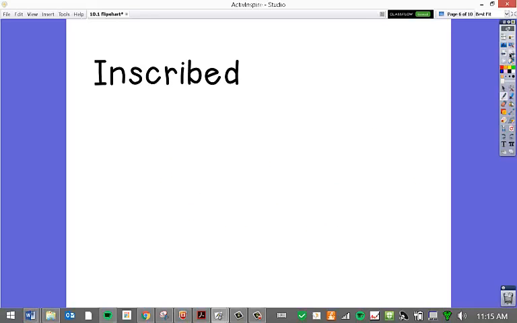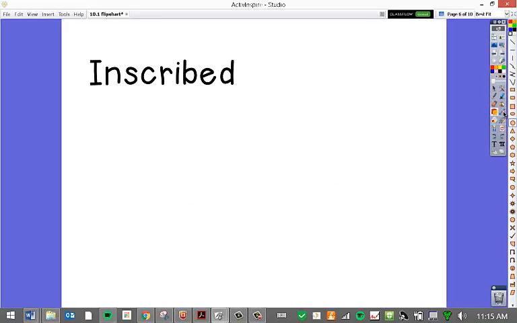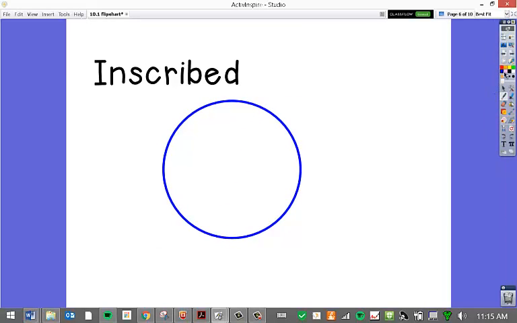Next vocab word is inscribe. A polygon is inscribed in a circle when all of its vertices lie on the circle.